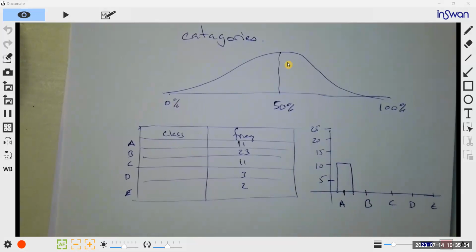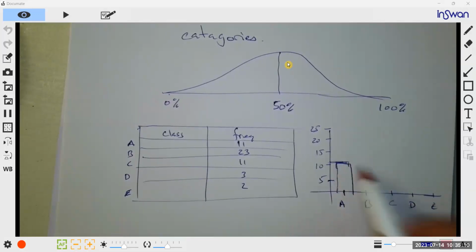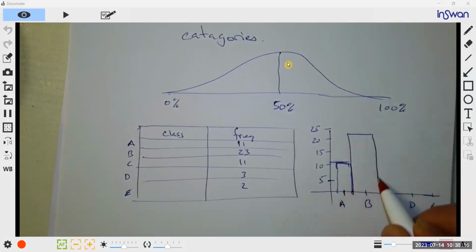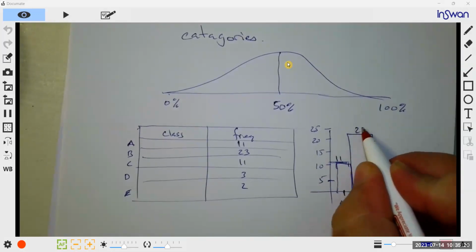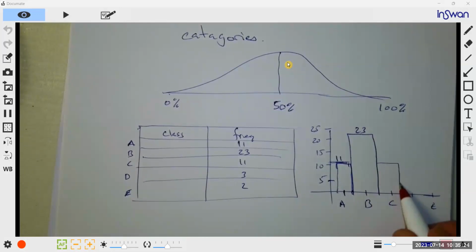And we'll talk about graphs in another section. So that one had just a little bit more than 10, so it's about 11. The next one had 23. So it's halfway between 20 and 25. So this is 11. This is 23. This is also 11.